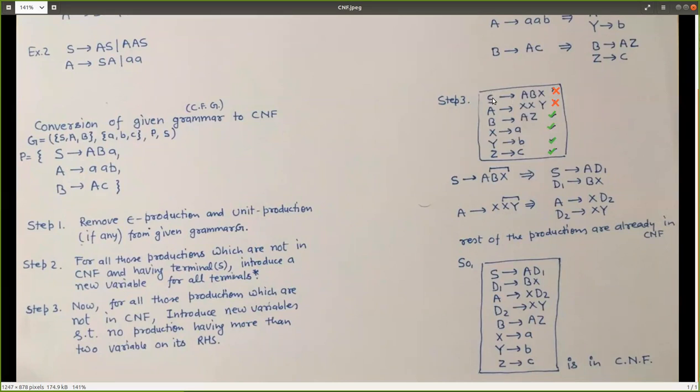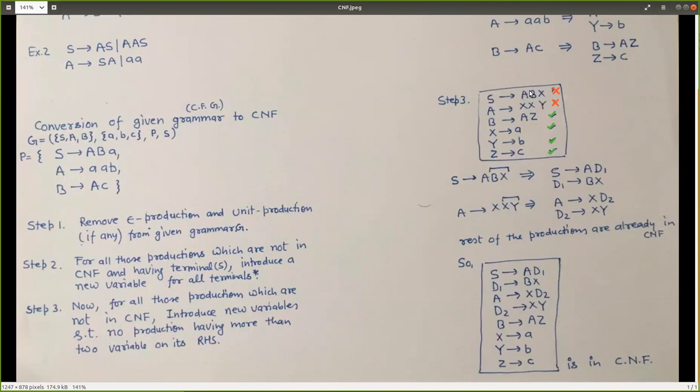So for that, S produces A B X, we are going to treat it first. Instead of three variables, we have to convert it into two variables. So what would we do? We put one new variable in place of the last two variables.